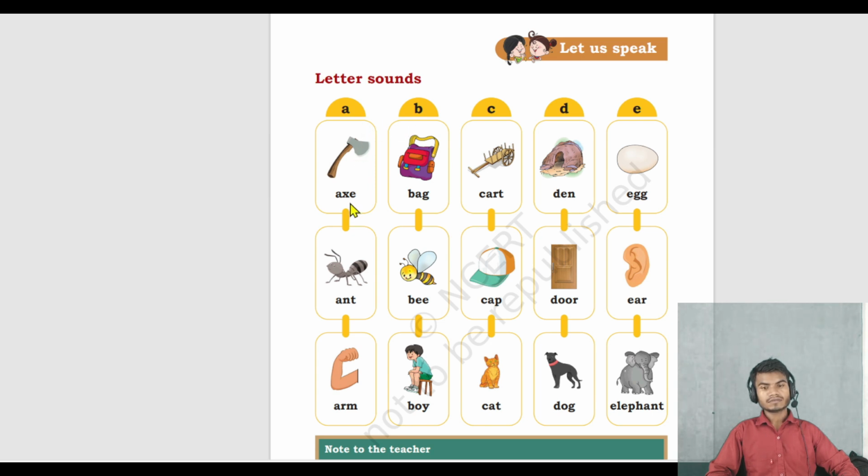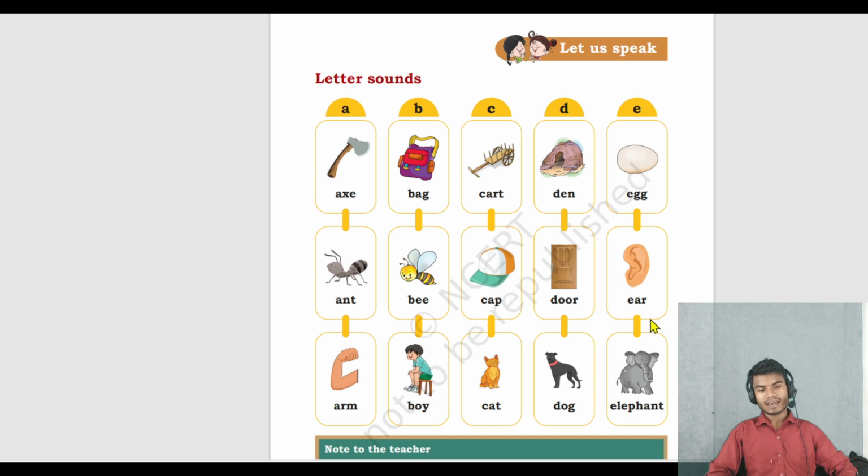A: ant, arm. B: bag, boy. C: cat, cap. D: den, door, dog.